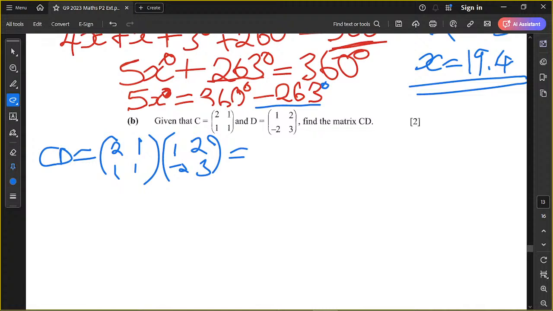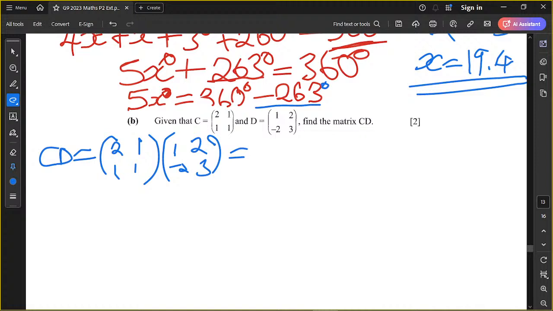Then what do we do? We multiply. So how do we multiply? When multiplying, we multiply the first row by the first column, then the first row by the second column, just like that.